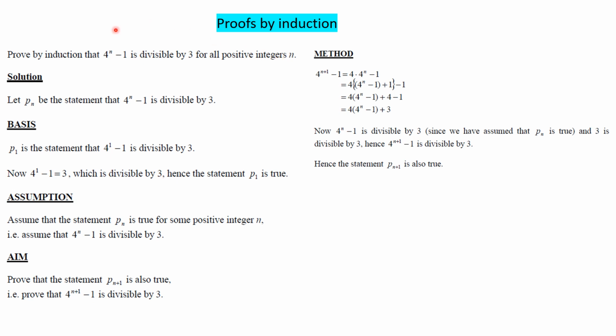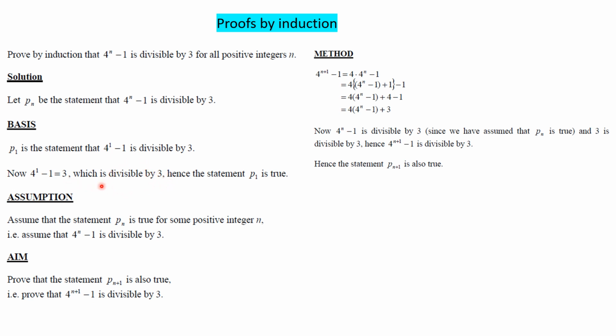It would be hard, if not impossible, to use a direct method to prove this statement. The first step is you let n be 1, and then you substitute it in. So 4 to the power 1 minus 1 is 3, which is divisible by 3. So our first statement is correct.